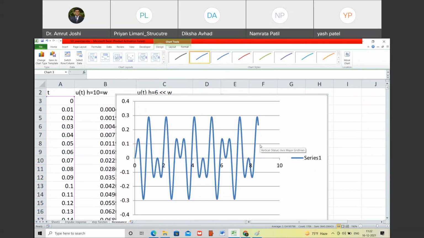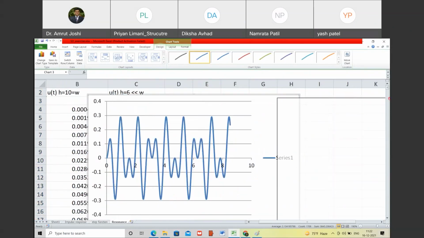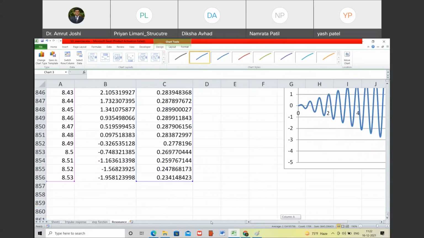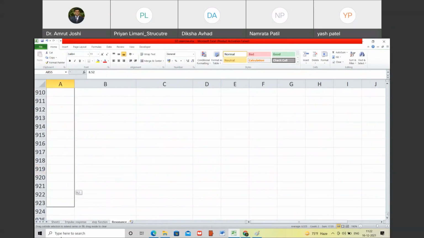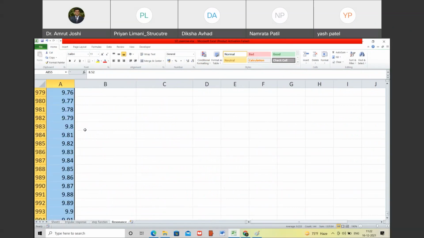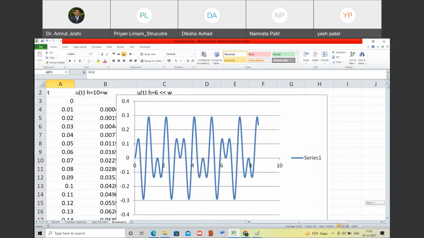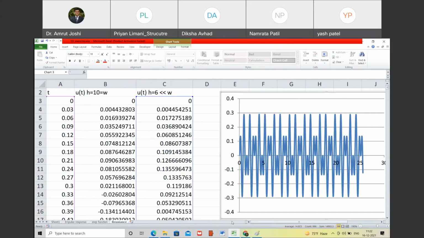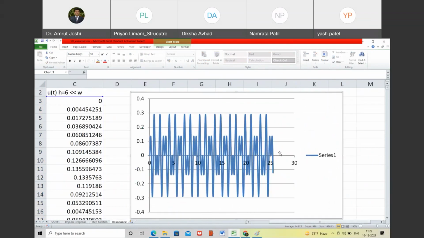Now we are going to stretch this response for higher times. Instead of changing this, I will change the interval. So instead of 0.01, let us take it as 0.03. So now the response is plotted up to 25 seconds. Are you with me?